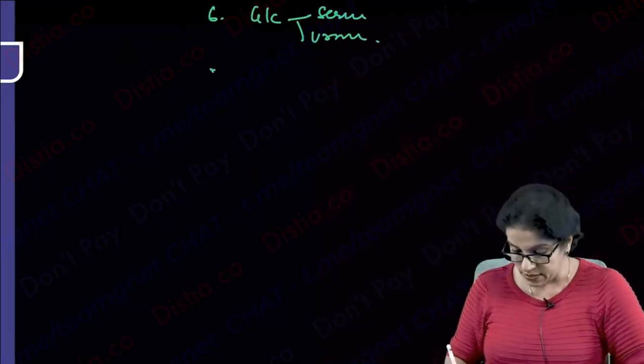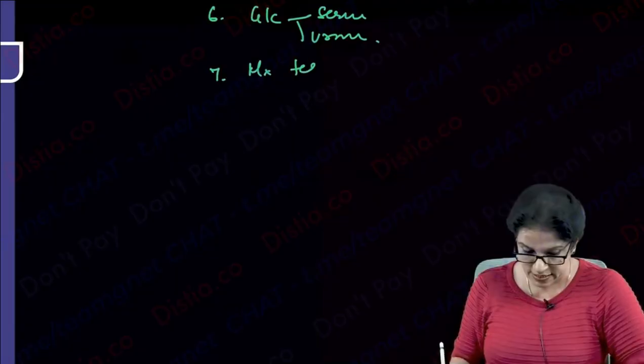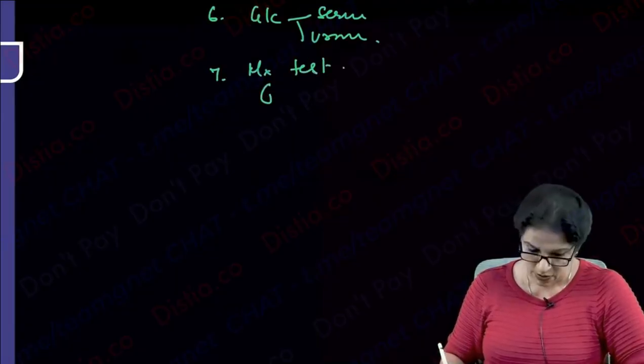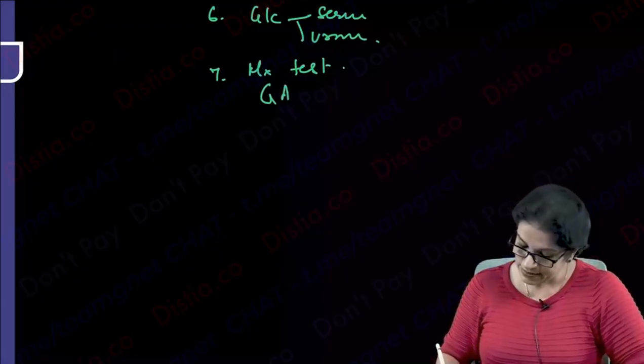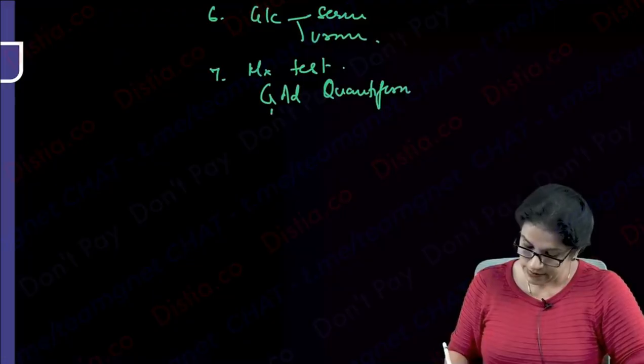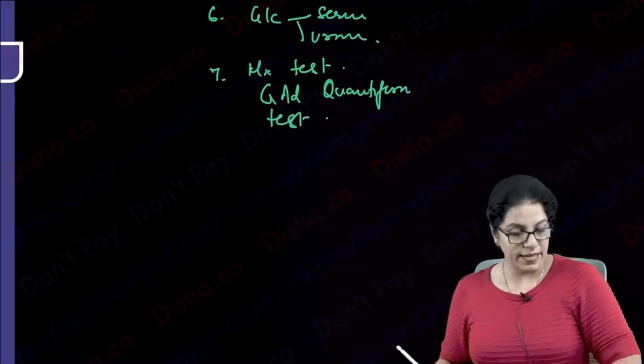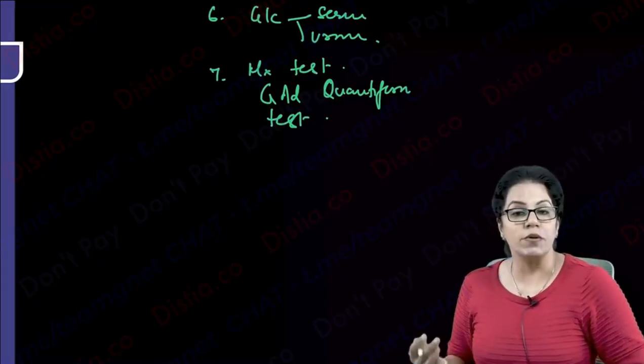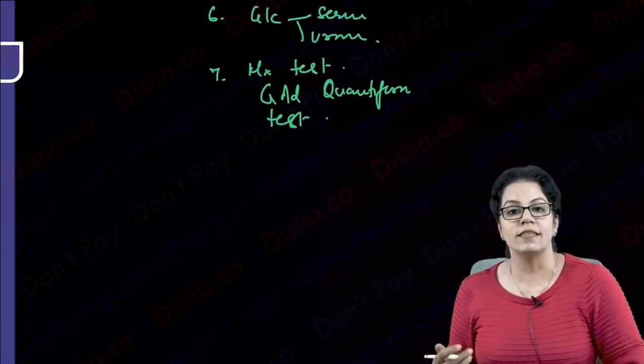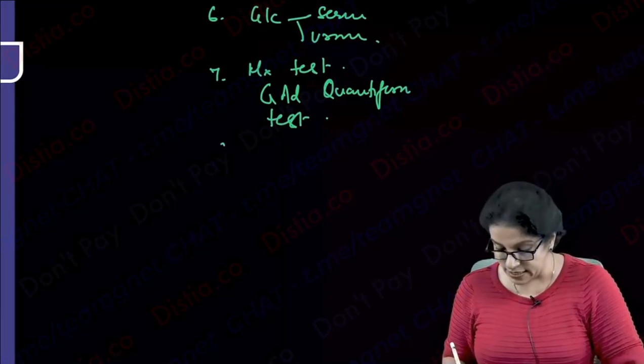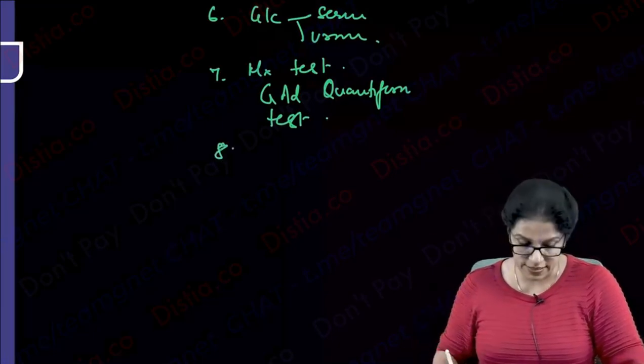Then for tuberculosis and all, I am doing the Mantoux test. I may go for the QuantiFERON-Gold test. Right? And of course, if I am doubting HLA associated arthritis, associated uveitis, I should go for the X-ray spine, right?